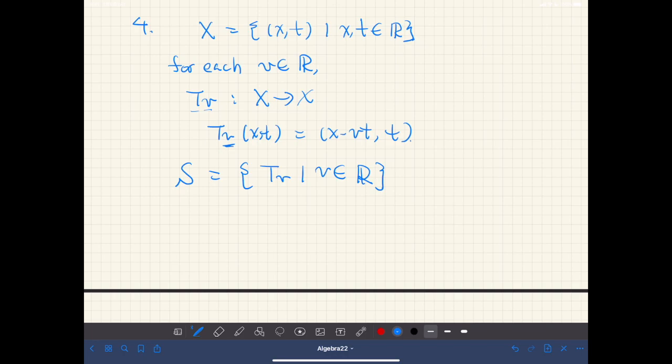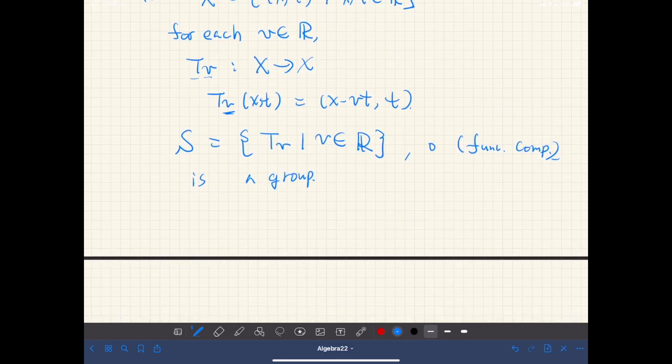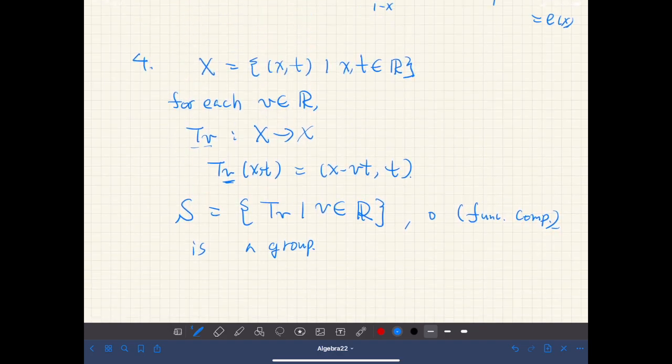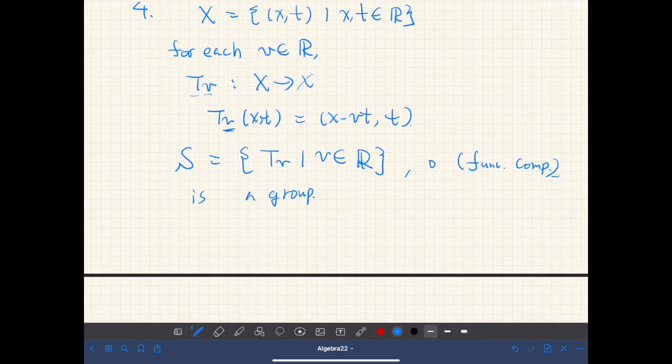Okay, then S, this set with function composition, is a group. By the way, this function is called the Galilean transformation.